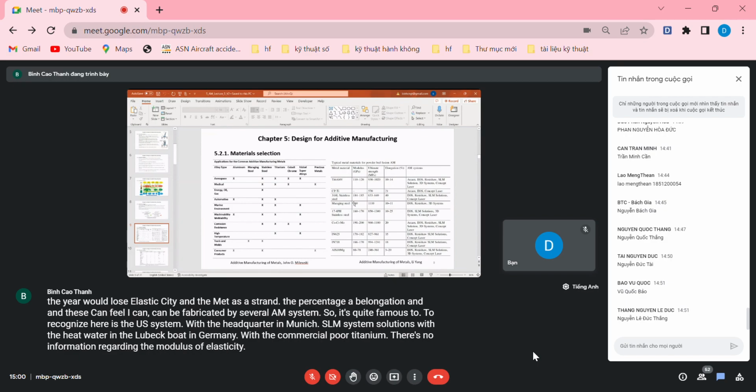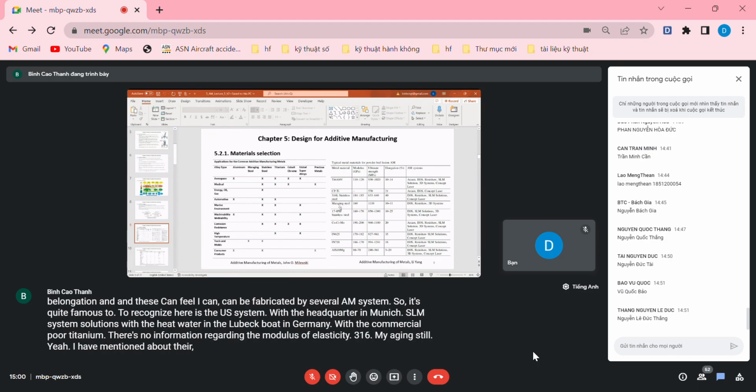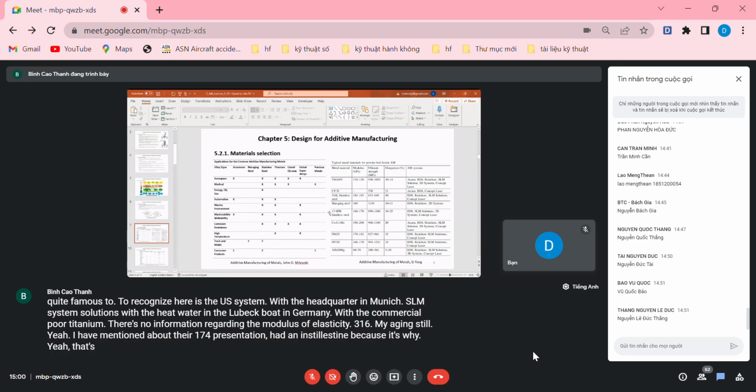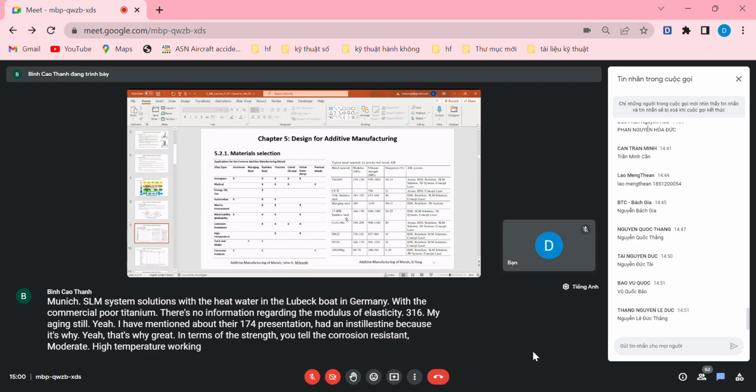Then 316L stainless steel and maraging steel. I have mentioned 17-4 precipitation hardening stainless steel because it's quite great in terms of strength and corrosion resistance, with moderate high-temperature working conditions.